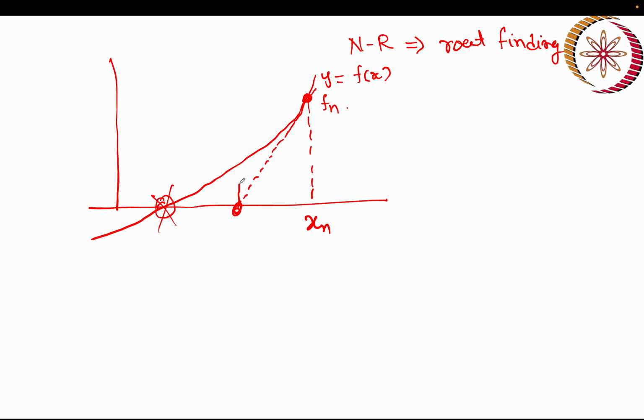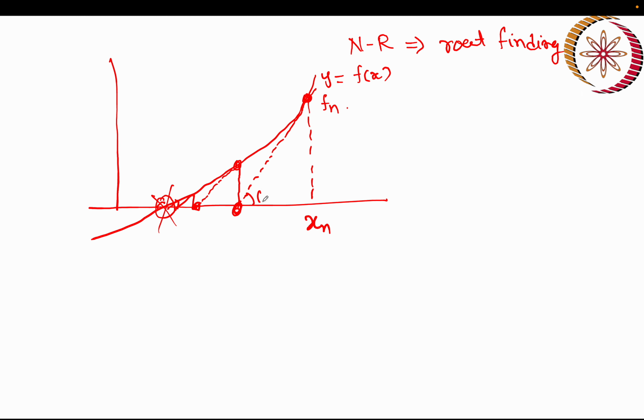If next we find the slope at this location and take the tangent, that will again move closer to the root, and if we go on iterating, it will finally go towards the root.